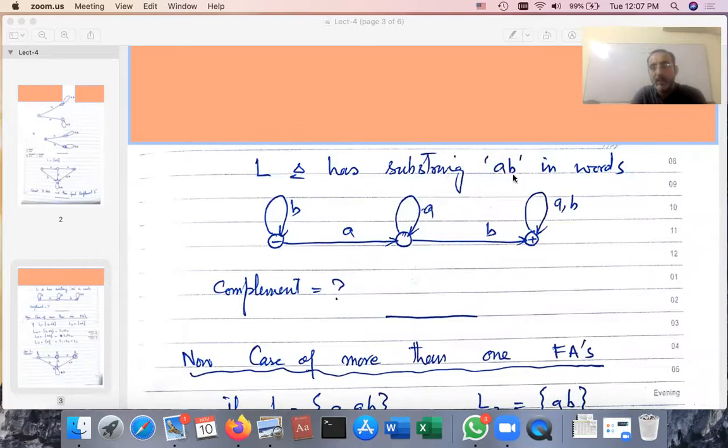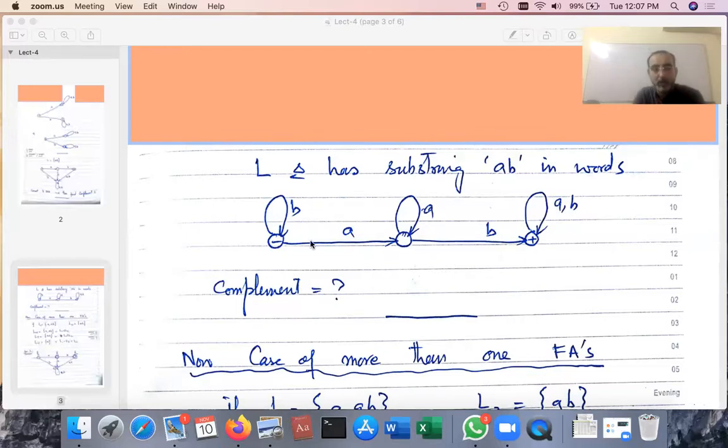This AB I am highlighting. So this AB should be part of that string. You can have something in the beginning, at the end, or in between, but AB must be part of that string. And if it is the situation, then this is the language.